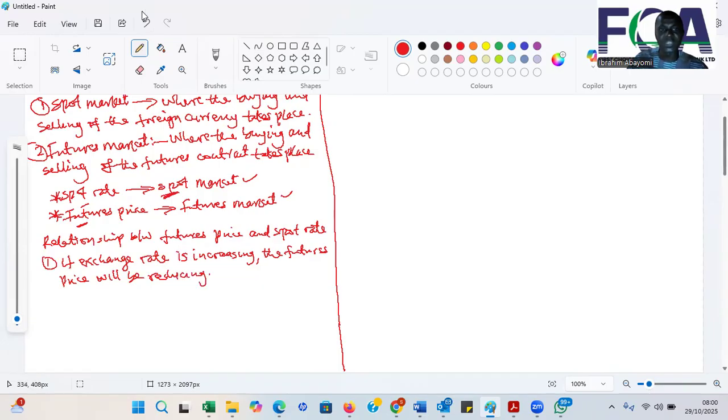So it means that as exchange rate keeps escalating in the market, the futures price is dropping.